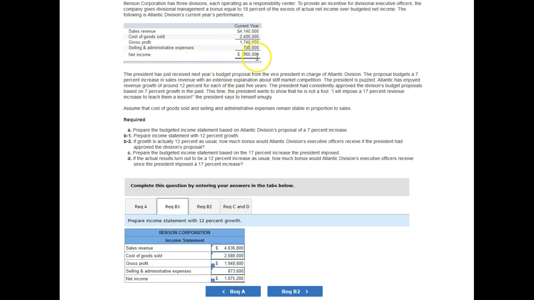So I'm just going to pick the net income number here, 960 times 1.12, and sure enough, it's 1,075,200. So again, easy to do. Take each of these numbers separately times 1.12 and drop them in this income statement, and there is a budget based on a 12% increase.